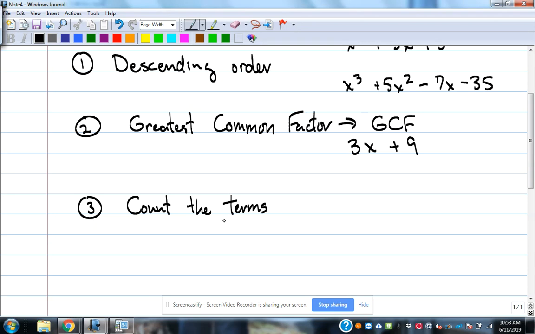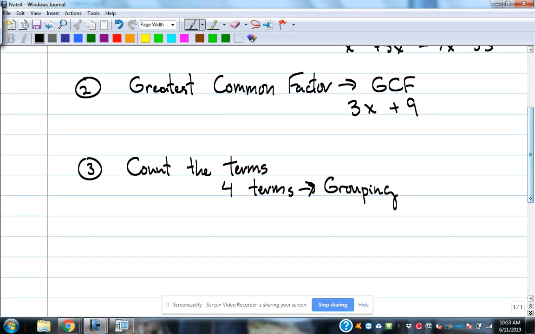If it has 4 terms, we're going to use a method called grouping, and I'll teach you how to do that. If it has 3 terms, we're going to use what I call the X method.